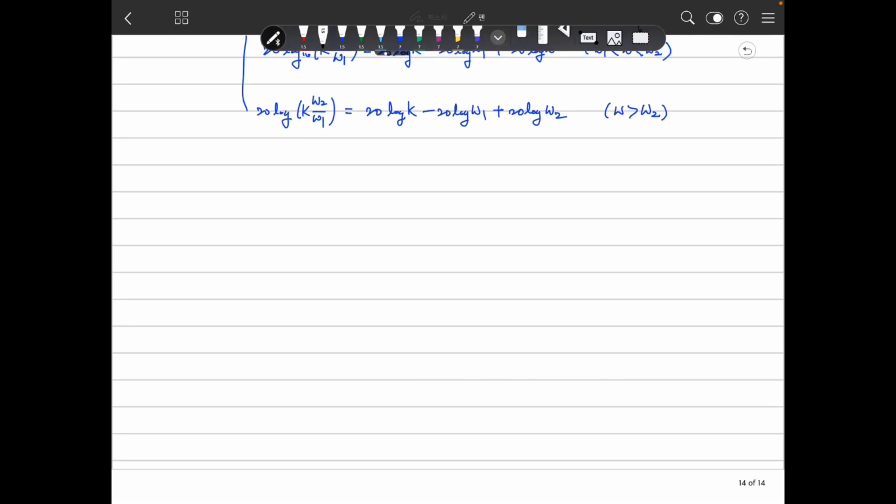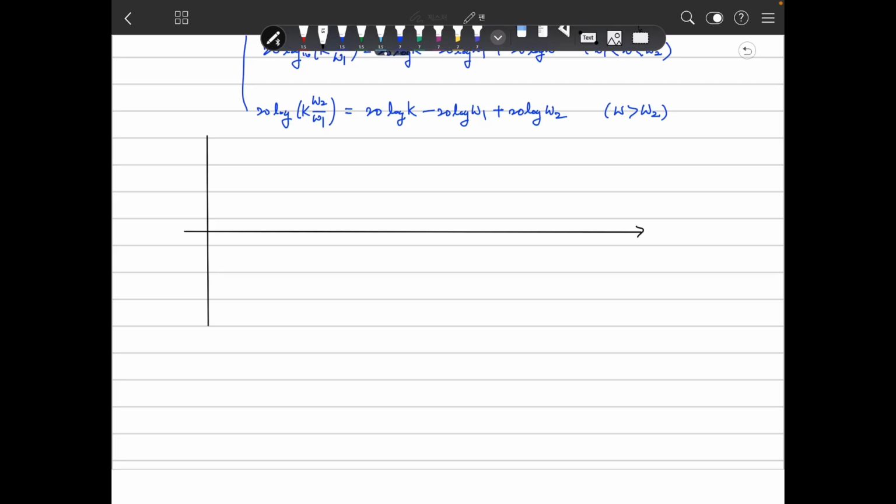So we make some axes here, in this manner, and make axes in this manner.